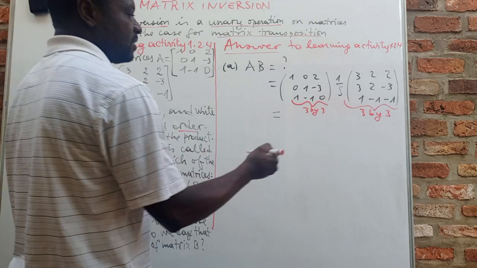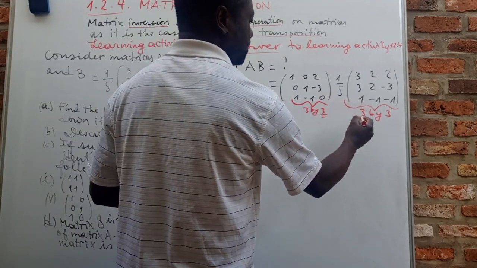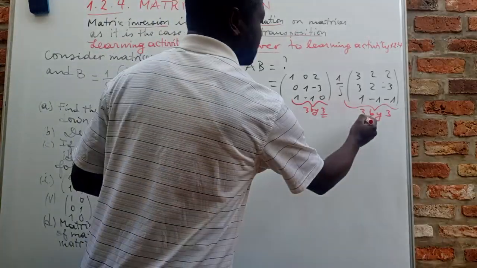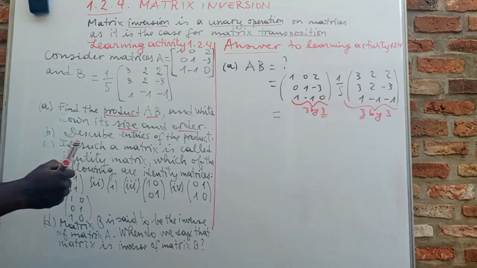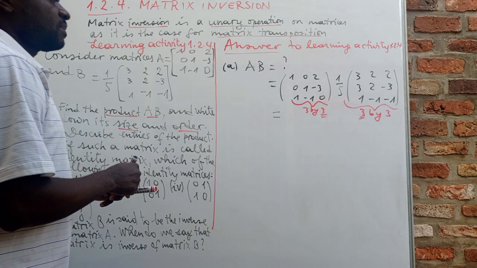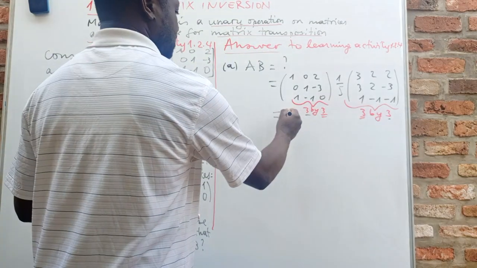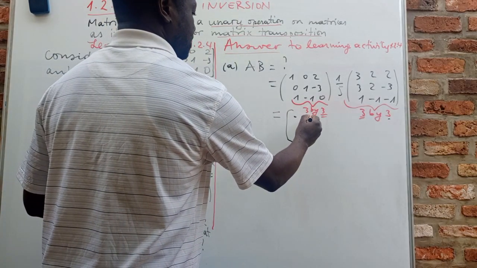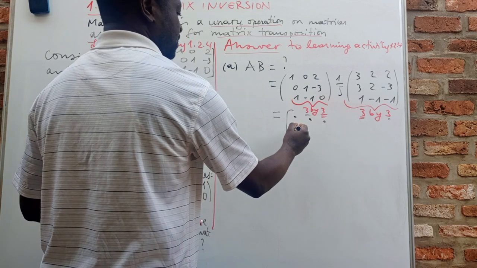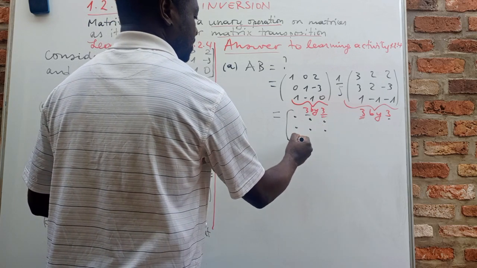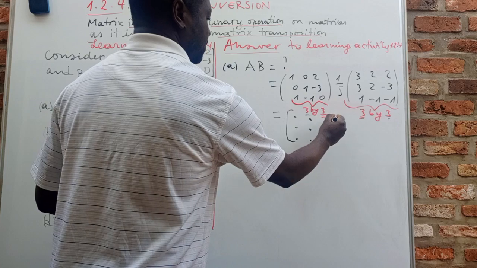Now in this case, as the number of columns of the first matrix is equal to the number of rows of the second matrix, the product will also be a 3 by 3 matrix, which will look like this: first row, second row, and the third row.